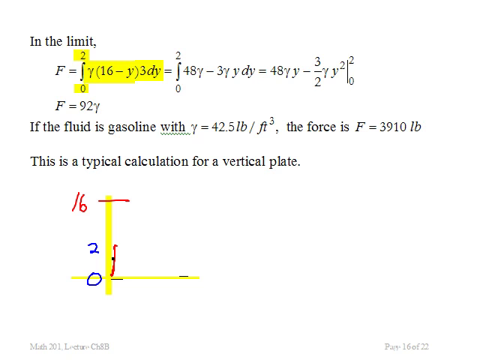So that's the force on this end plate, a rectangular end plate of a box submerged under 16 feet or 14 feet of water. If the fluid happens to be gasoline with a specific weight gamma of 42.5 pounds per cubic foot, then the force is about 4,000 pounds of force felt on this entire vertical end plate of this box. This is a typical calculation for a vertical plate.